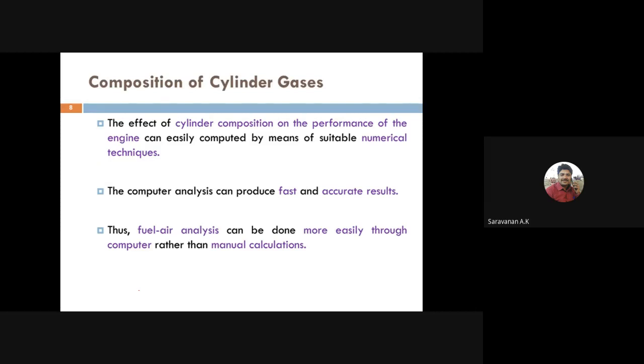Before looking at the second one, there is an important term. The fuel cycle analysis takes into account the results computed using the combustion charts, the numerical values. The effects of the cylinder composition and the performance will be computed by a numerical technique, which means the combustion chart. Earlier days we used the combustion chart, but nowadays we have plenty of facilities.